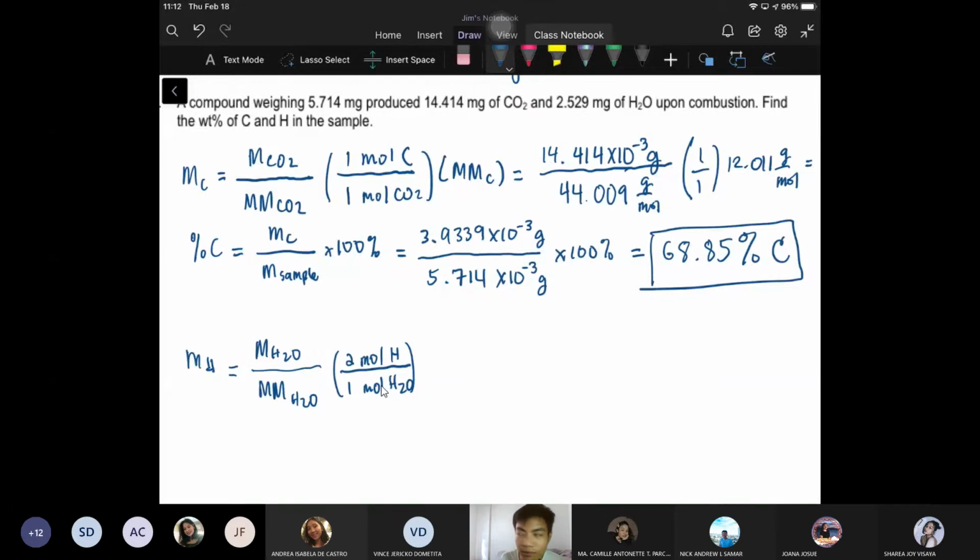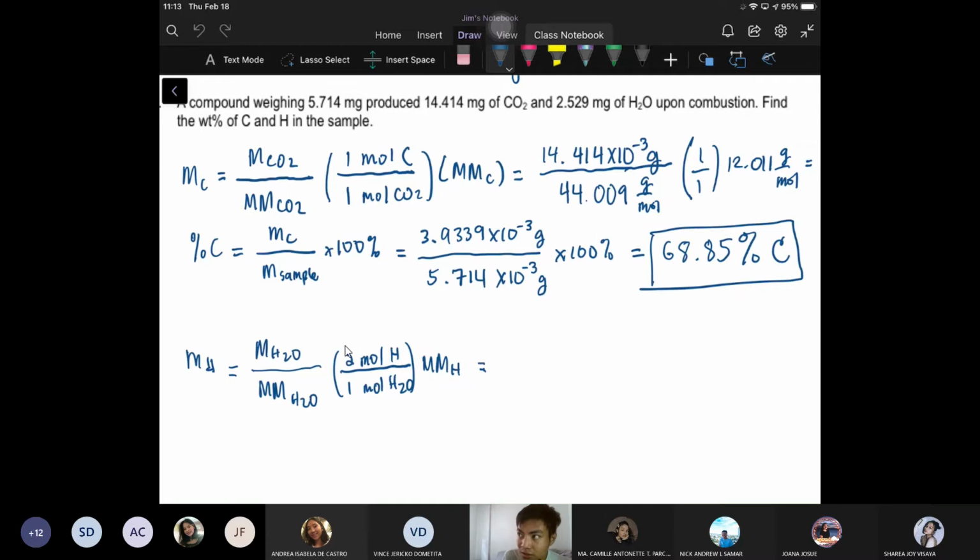Then, at this point in our equation, we now have the mole of hydrogen. Okay. So, ang last na gagawin natin is to convert the mole of hydrogen to the mass of hydrogen. Okay, so paano yon? Just multiply it by its molar mass. So ito yung ating equation. You can see the resemblance of this equation dito sa nasa taas, because again, ito yung stoic talaga.